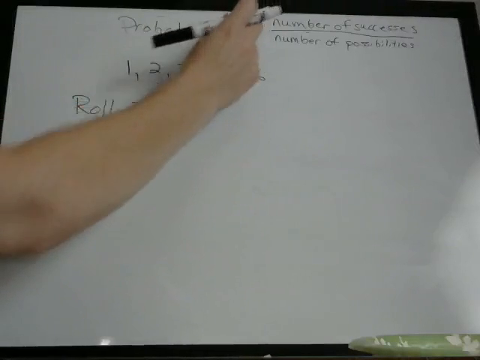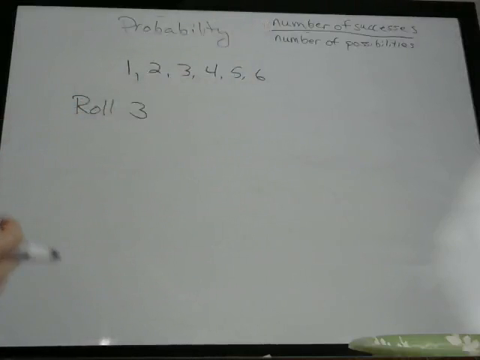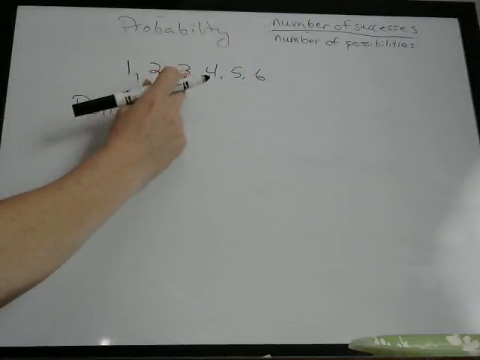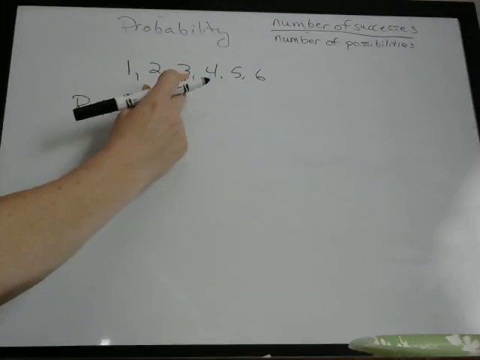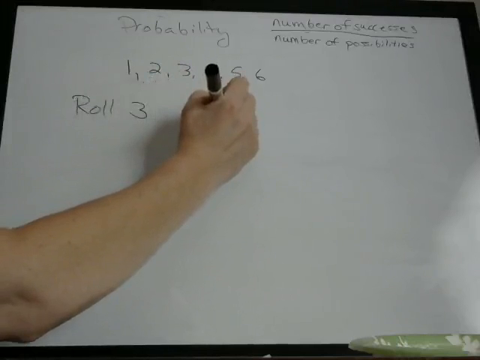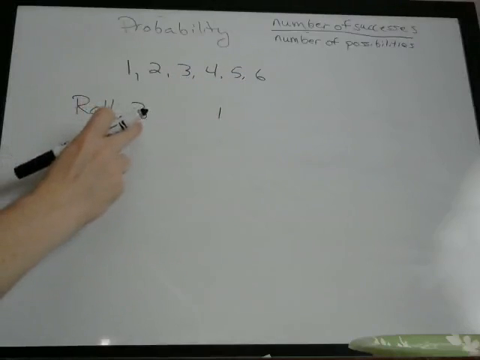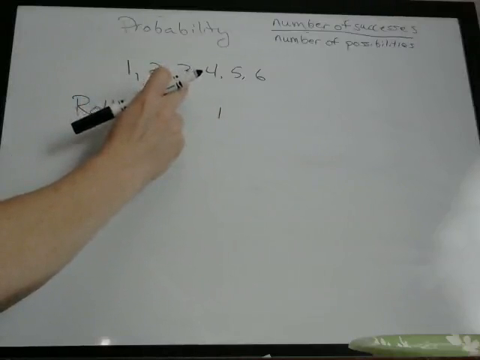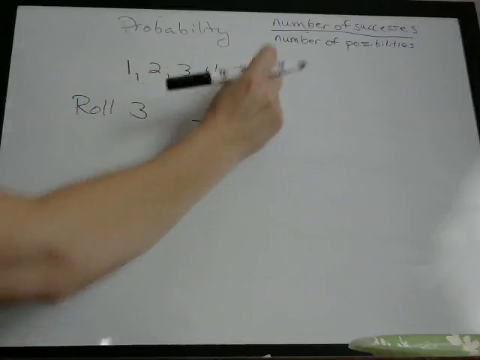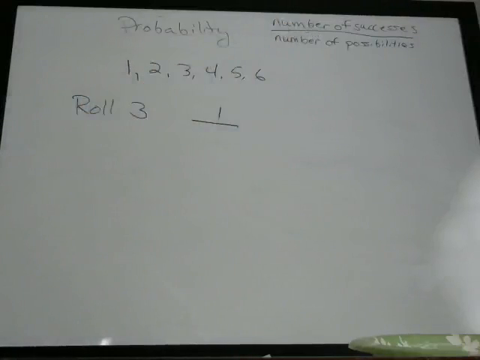Well, the number of successes, or our chance of getting what we want, there's only one number on that dice that's a 3. There's not 2 3s on it, or 3 3s on it. There's only one possibility or one success that we can have if we want to get a 3, because it's only on that dice one time. What's the number of possibilities? When we roll the dice, how many different numbers could we get?